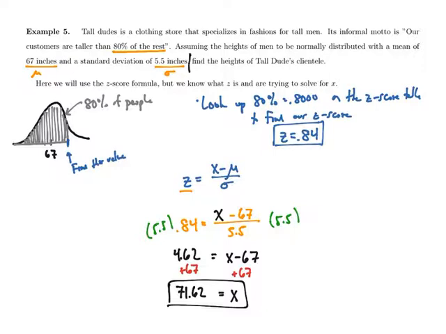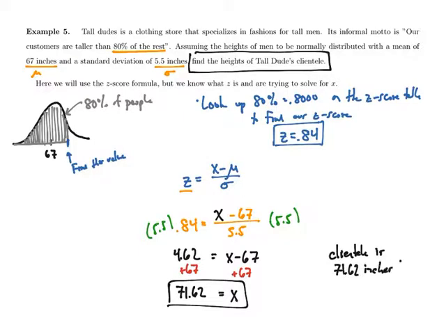So find the heights of the Tall Dudes clientele is the question, right? The clientele is 71.62 inches tall or taller than 71.62 inches.